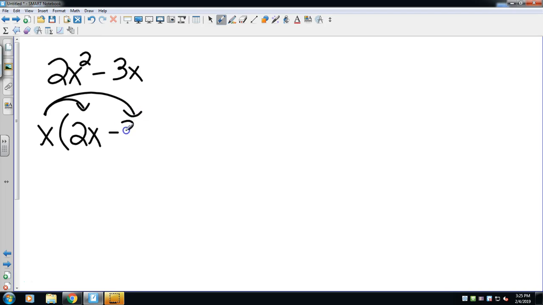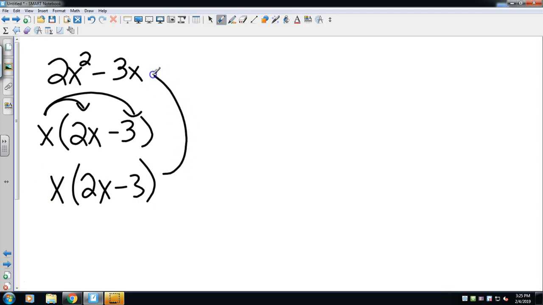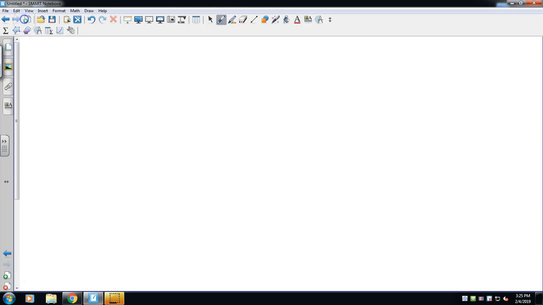And in that case, that would be negative 3. So this is the factored version of this. And I can check it by doing distributive property. X times 2x is 2x squared, and x times negative 3 gives me negative 3x. So that's a case where they just have a variable in common.